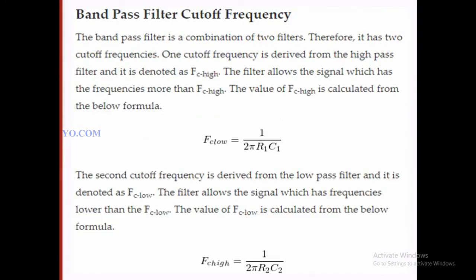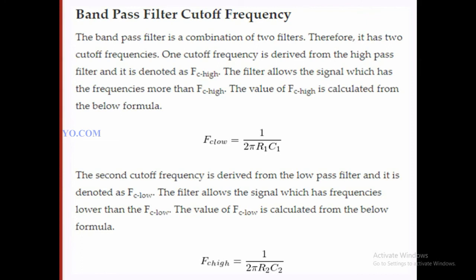Then, bandpass filter cutoff frequencies. The bandpass filter is a combination of a high pass filter and a low pass filter. The cutoff frequency derived from the high pass filter is denoted as FCH. The filter allows the signal which has frequencies more than FCH. The value of FCH is calculated from the following formula: FCH equals 1 by 2πR2C2.